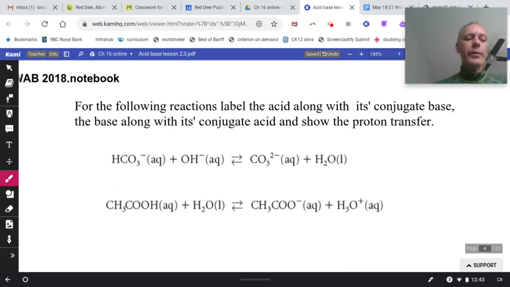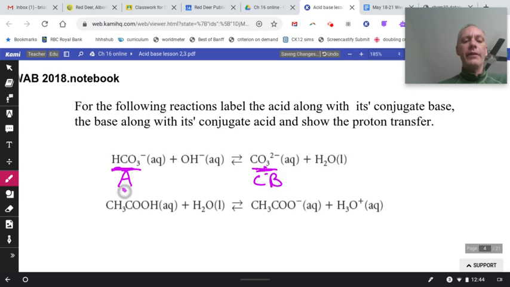All right, for the following reactions, I want you to label the acid and its conjugate base and the base and its conjugate acid and show the proton transfer. So again, compare the two entities on opposite sides that are linked. This is going to be a pair. So HCO3- and CO3 2-, this has the extra proton, so that makes this the acid, which means this is its conjugate base.